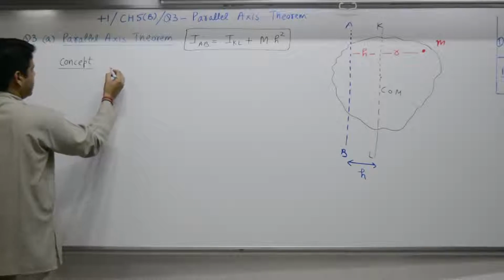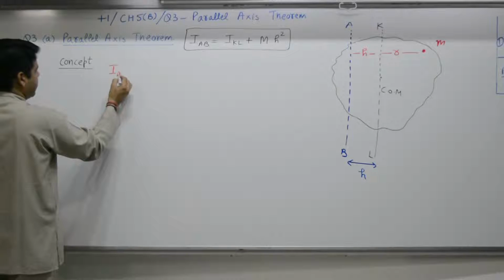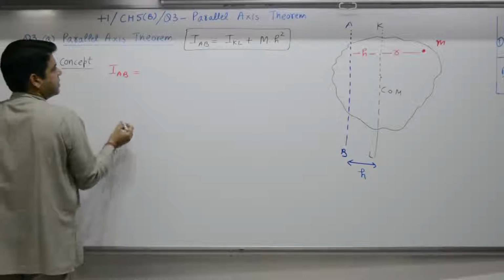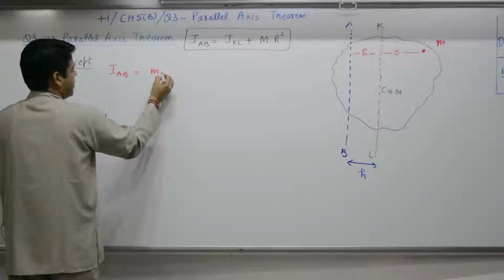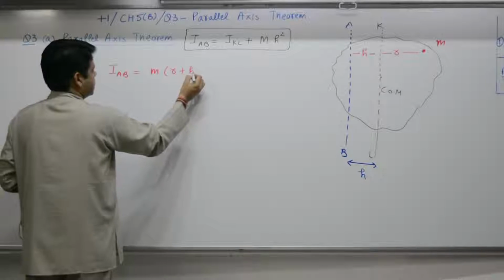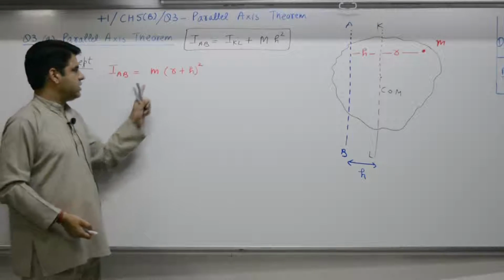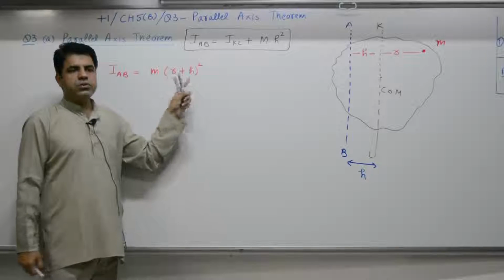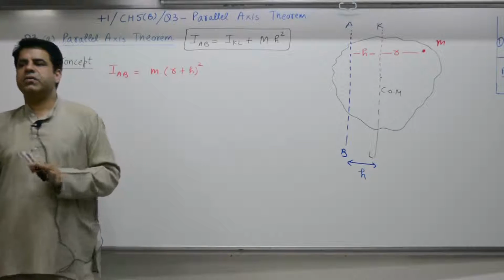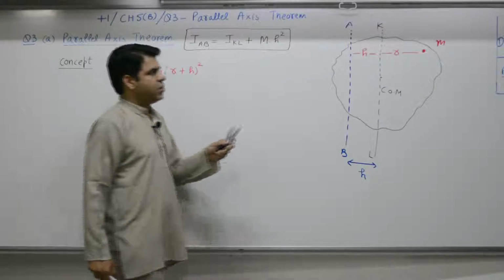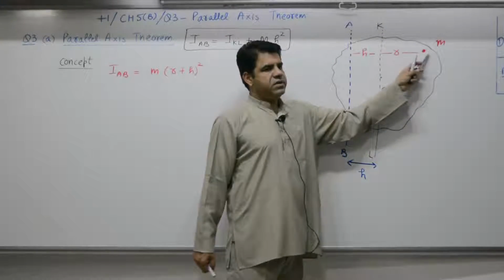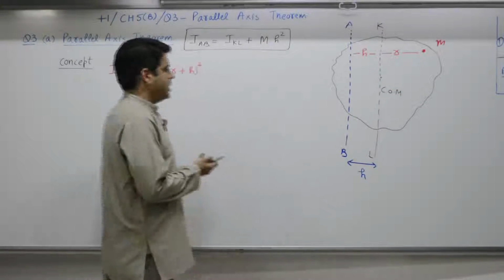So the moment of inertia about AB is equal to m (r plus h) square, because as per the definition, moment of inertia is mass times the square of the perpendicular distance from the axis of rotation. It is r plus h.